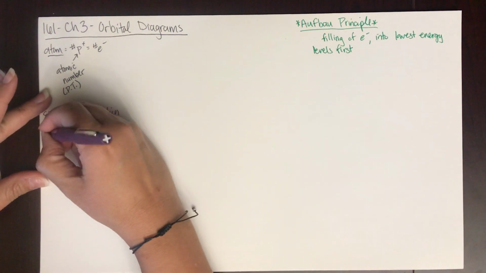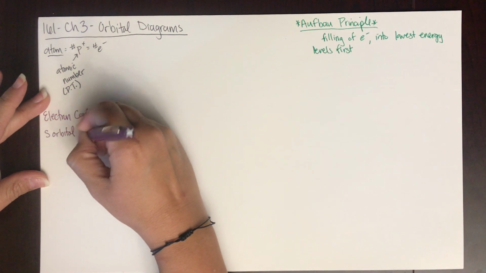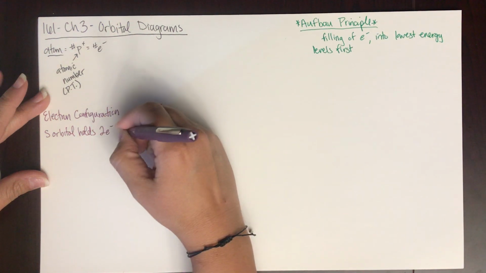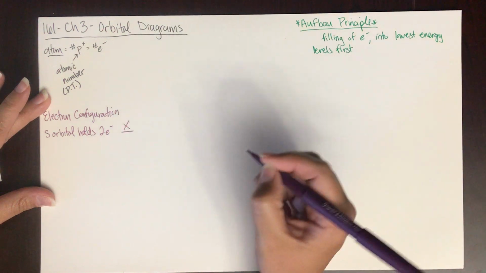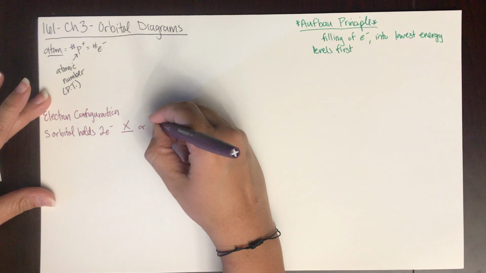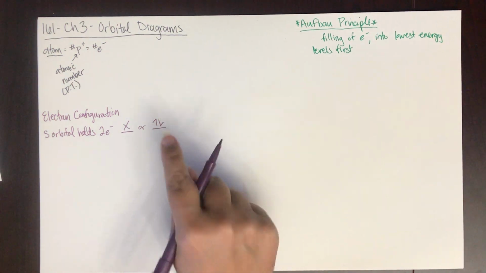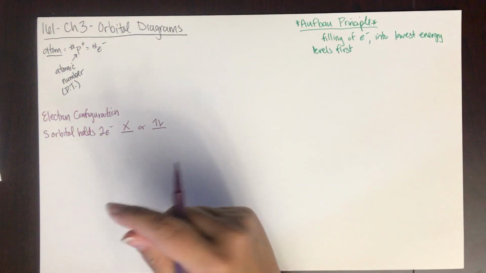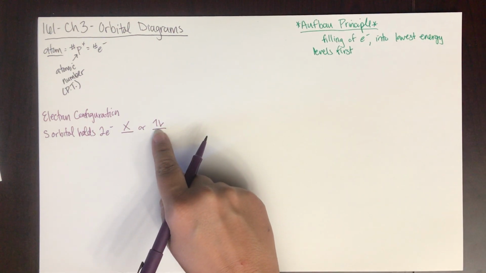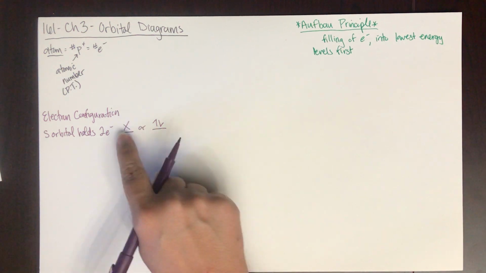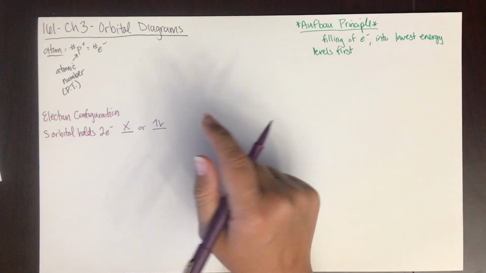I'm going to write some of that out, but you can definitely refer back to that as we're going. So the s orbital holds 2 electrons, and it looks like this. You'll either see it written like this, 1, 2, or you'll see it written with the arrows spinning opposite directions. The arrows going opposite directions represent the electrons spinning in different directions. I'm going to use this representation because this is what your textbook uses, but if you look this up somewhere else and you see X's instead of arrows, it's the same thing.